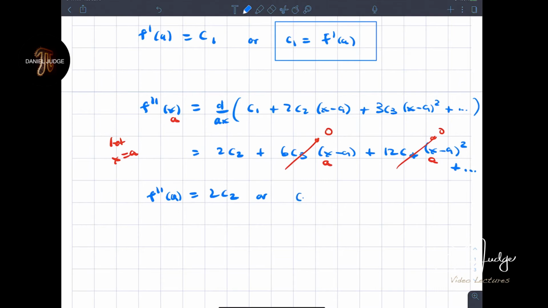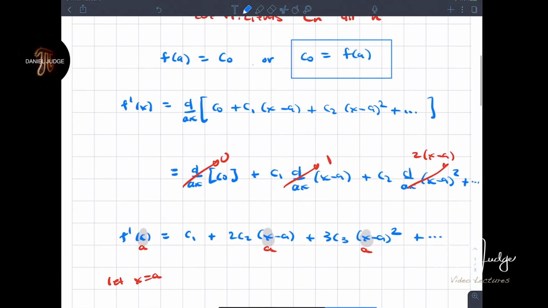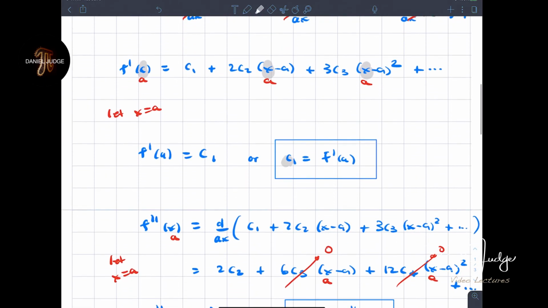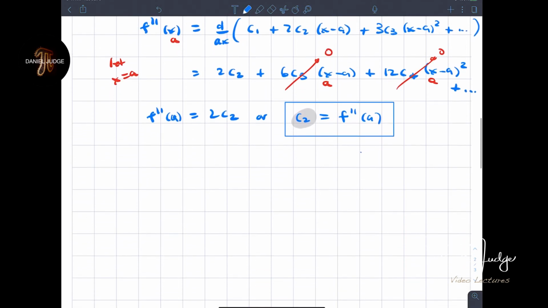Or we can say c2 is f double prime a. And so we are generating the constants here. So we know we got c0, we got c1, and we get c2 here. So we got these constants. We're going to do this again. You say, okay.